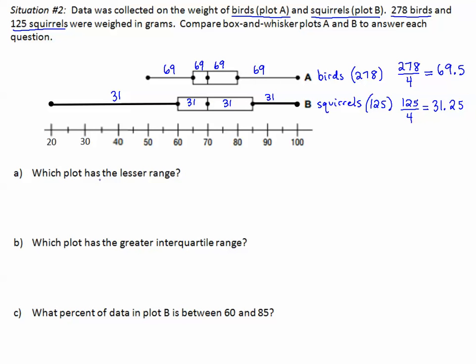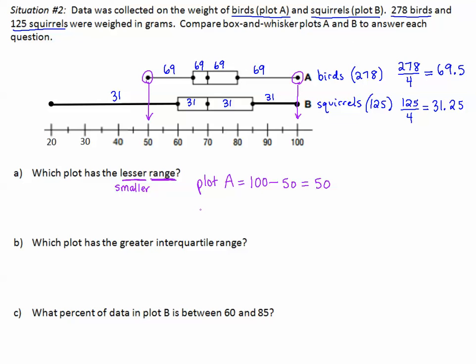A. Which plot has the lesser range? Lesser. So lesser, we can think of smaller, but I'm going to have to find the range of both of the plots. So for plot A, remember that the range is the upper extreme minus the lower extreme. So the upper extreme for plot A is at 100, and the lower extreme for plot A is at 50. 100 minus 50 is 50.